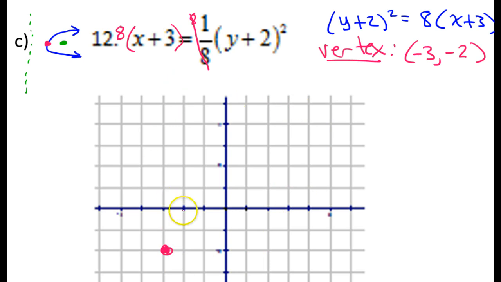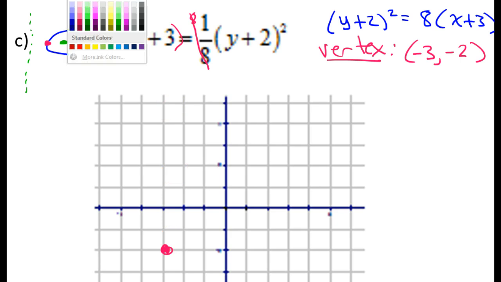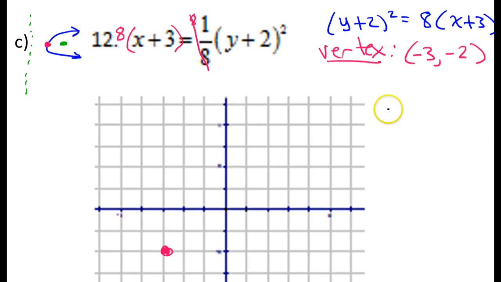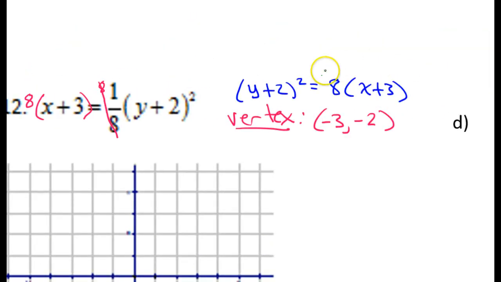Next, we need to find the focus. To find the focus, we need the p-value. What you need to understand is that this number right here is 4p. So in other words, 4p is equal to 8. If I divide both sides by 4, I get p is equal to 2.